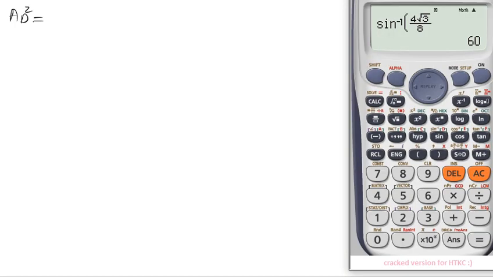Then you just punch that on the calculator as it is. Remember, you're going to have to remove the square root. So let's solve it with the squared first. You're just going to say 8 squared plus 4 squared minus 2 into 8 times 4 times cos of 30.